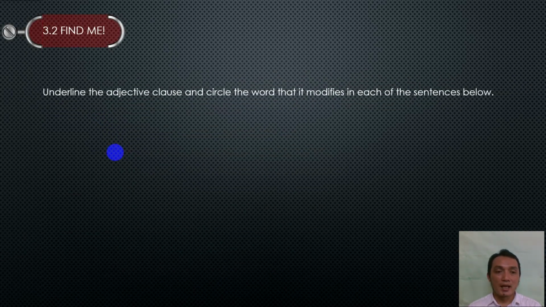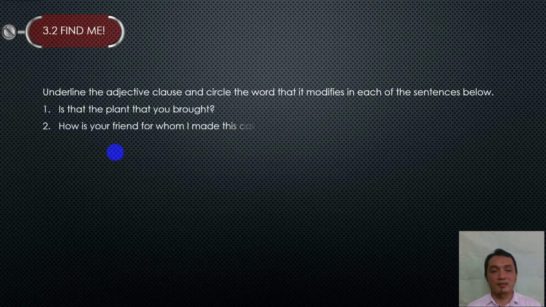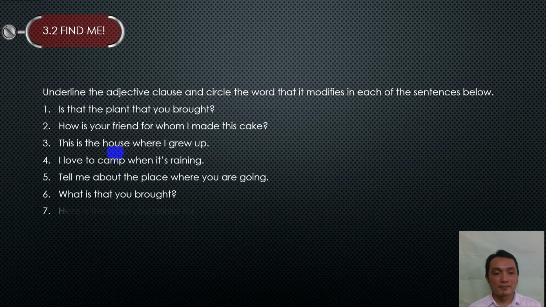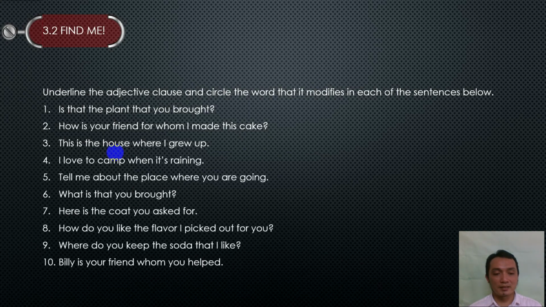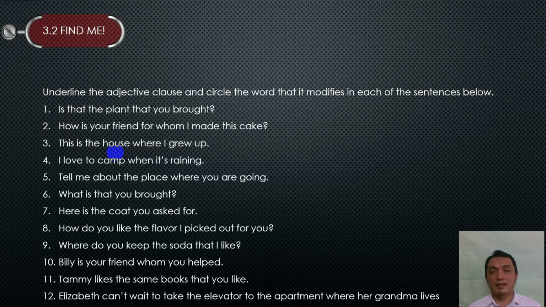Next, underline the adjective clause and circle the word that is modified in each sentence below. So underline and then circle the word that is modified in each sentence. Okay, is that the plan that you brought? Find and underline the adjective clause. There are 12 questions that you should answer based on the instructions given.